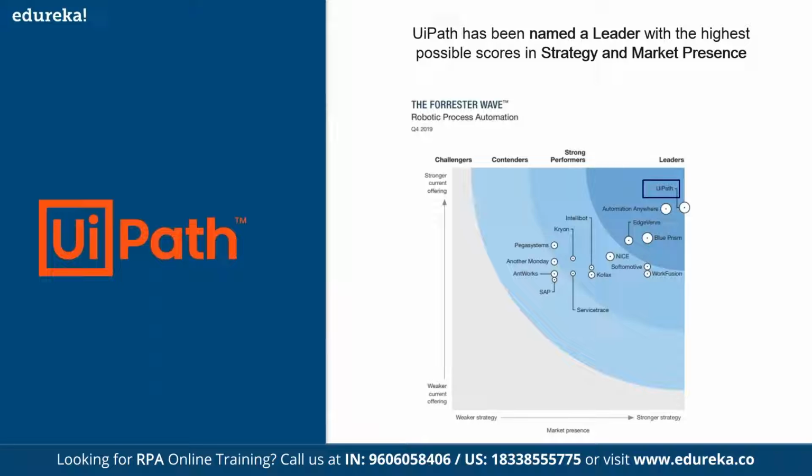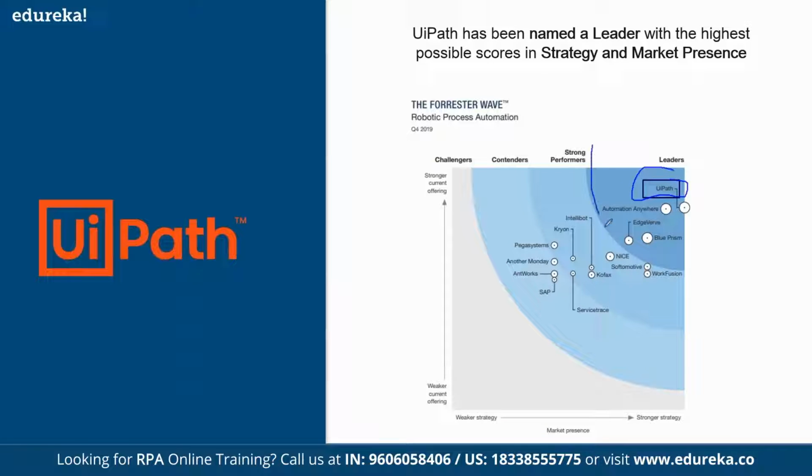As I said, UiPath has been named a leader with the highest possible score in strategy and market presence. You can see on the x-axis you have market presence, and on the y-axis you have strategy. In combination, you can see UiPath is currently leading.